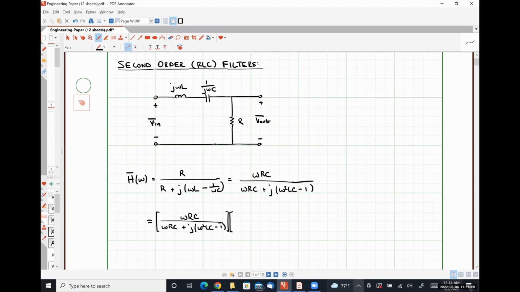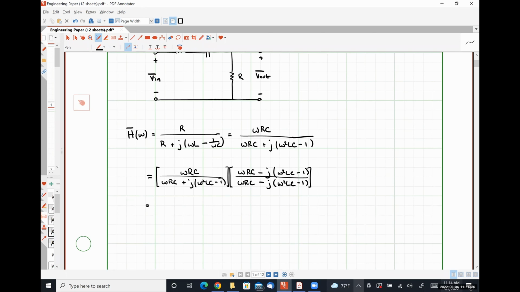So that's going to look like omega RC minus J times omega squared LC minus 1 over omega RC minus J times omega squared LC minus 1.